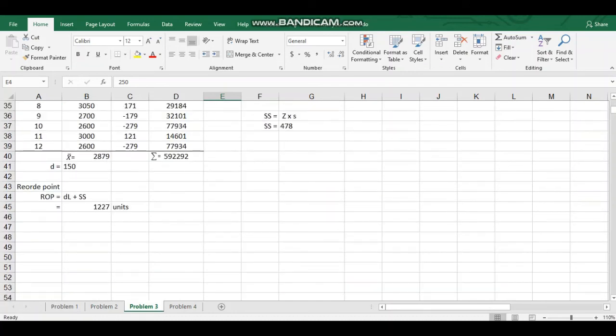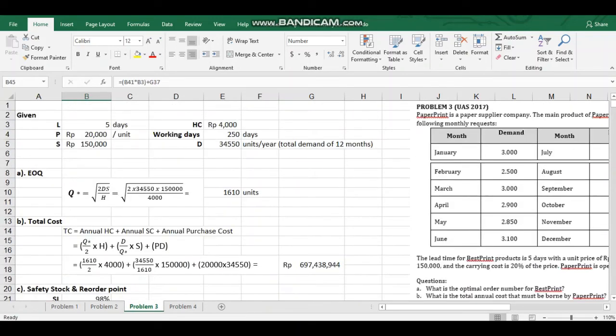So we already have the daily demand by using that formula that I just said, and just multiply it with the lead time. The lead time is 5 days.